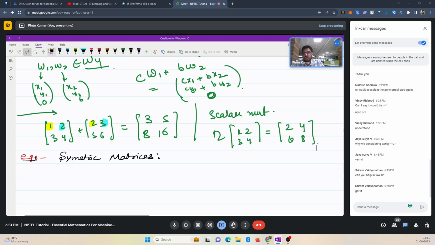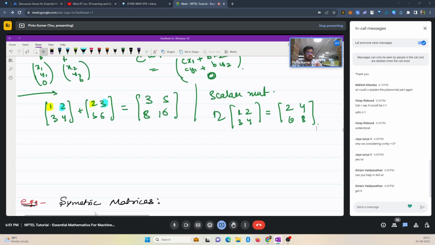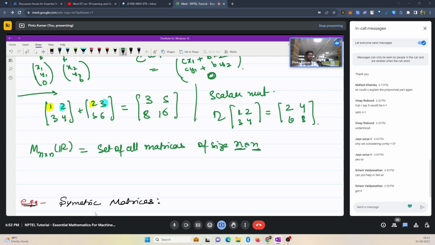Now if you consider M n cross n of R, this is the set of all matrices of size n cross n, so n rows and n columns, whose elements are real numbers.